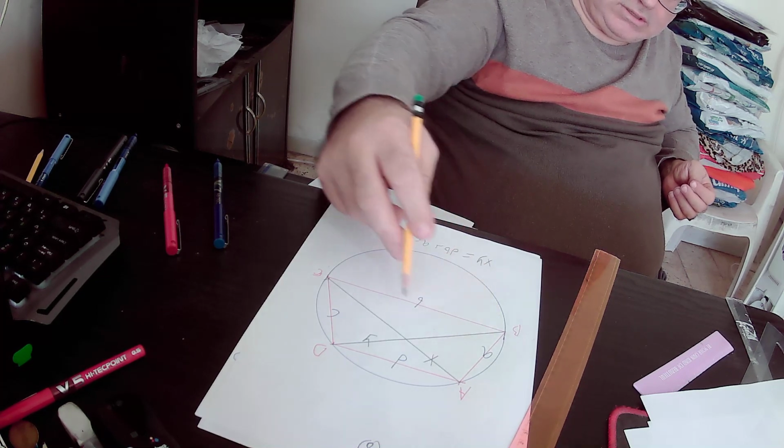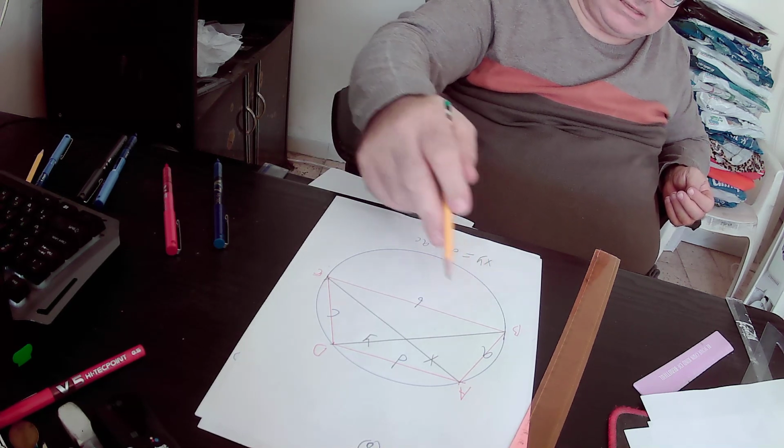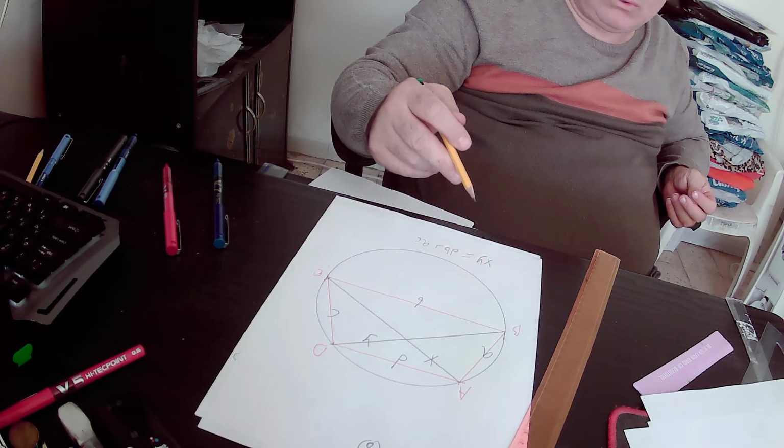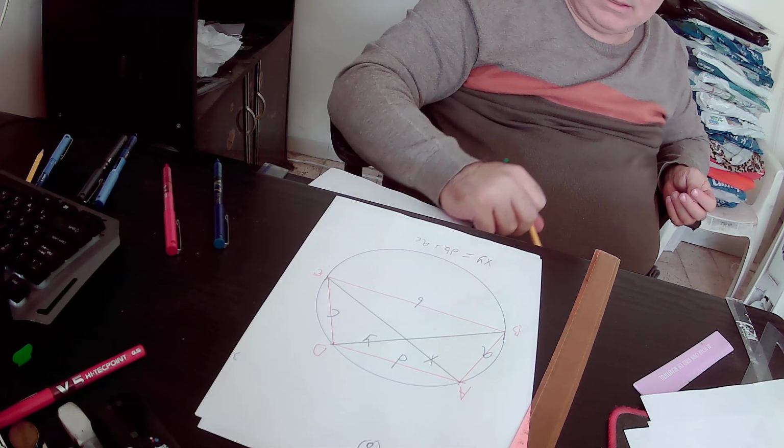That is to say, X times Y equals the sum of the products of its opposite sides, that is actually DB plus AC.